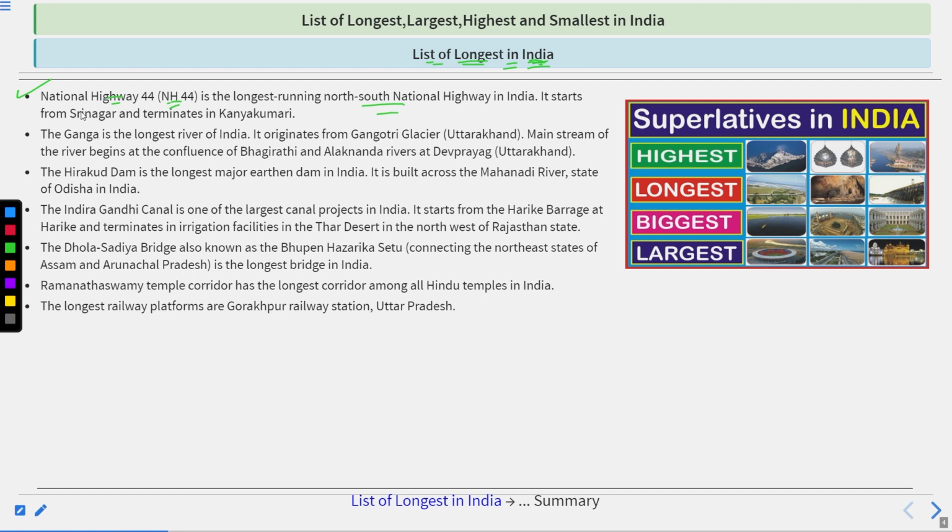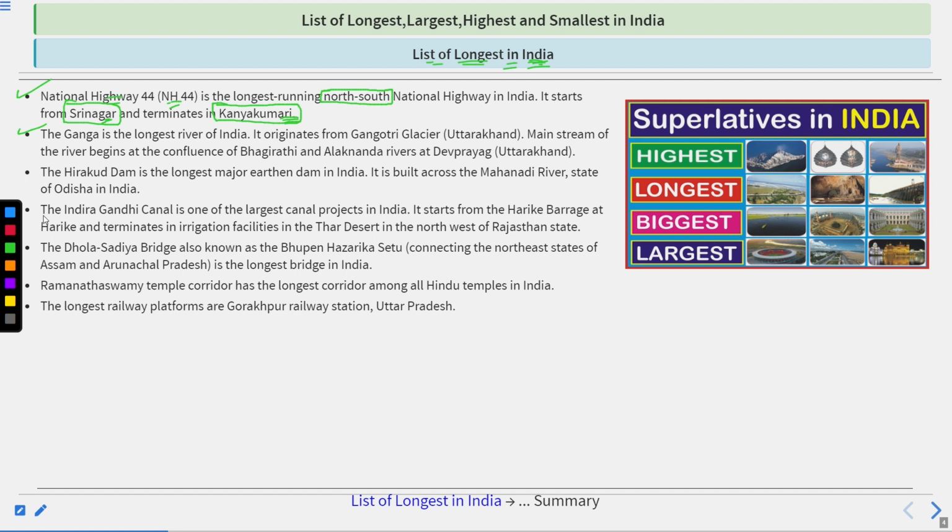Srinagar lies in the J&K state of India, Jammu and Kashmir, that is in the north. Kanyakumari lies in the Tamil Nadu state in India, that is in the south. That's why it is described as the north-south highway, starting from Srinagar and terminating at Kanyakumari. Okay. And it is the longest highway in India.